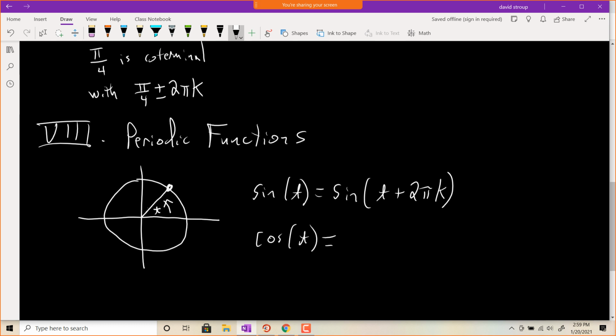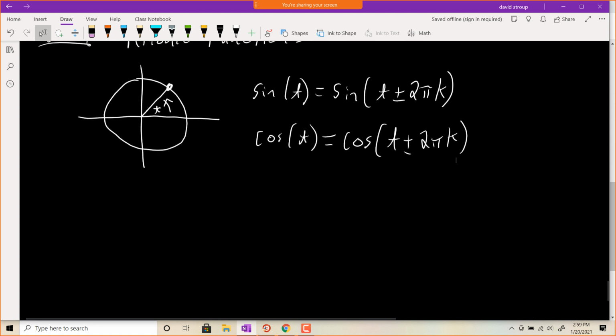So cosine of t is equal to cosine of t plus or minus 2 pi k. In the book, they're not going to write it that way. They're just going to write plus 2 pi. But it's true for any multiple of 2 pi. You can just eliminate the multiple of 2 pi.